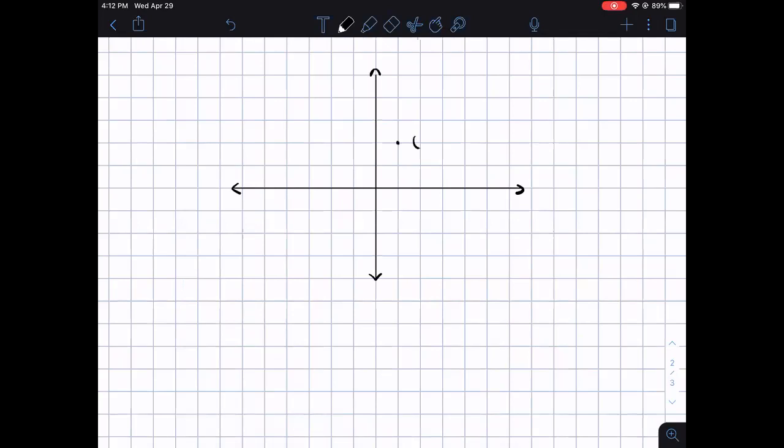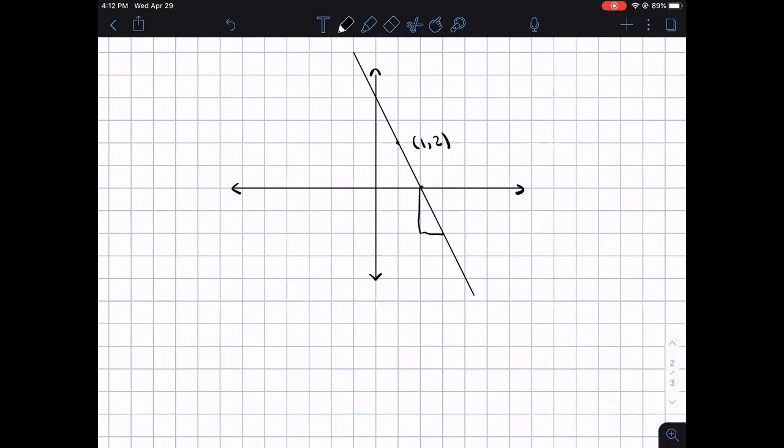So let's say we have a point 1, 2, and there's a line passing through it that has a slope. The line looks like that. So the rise over run of this line is like that.